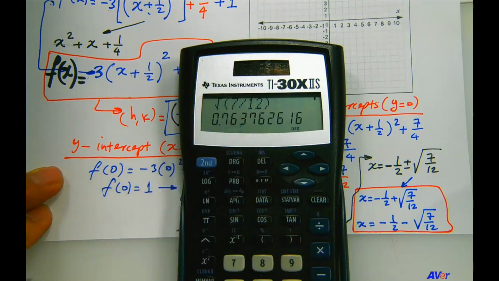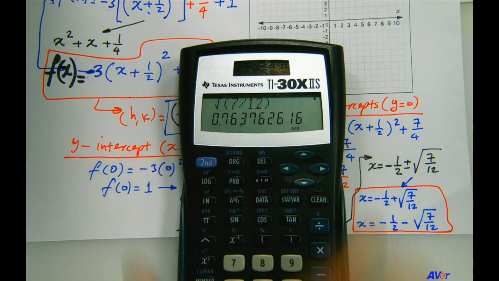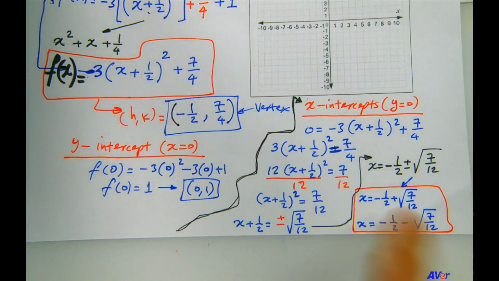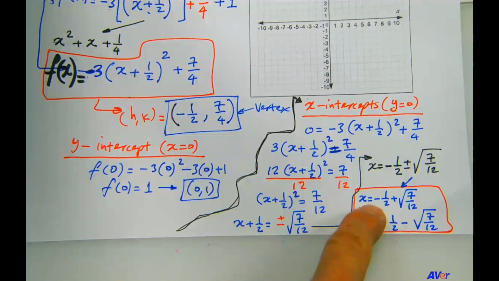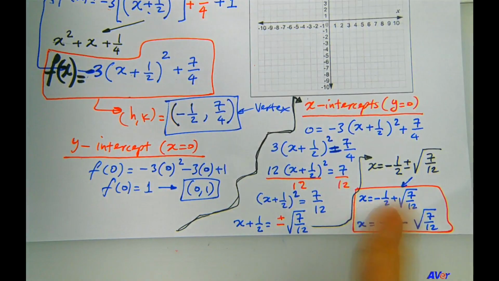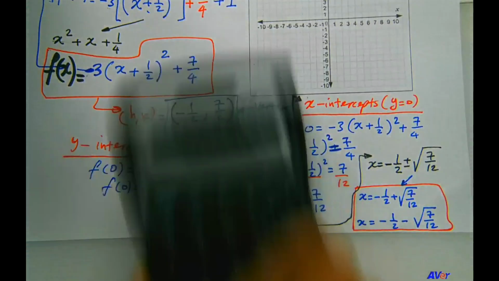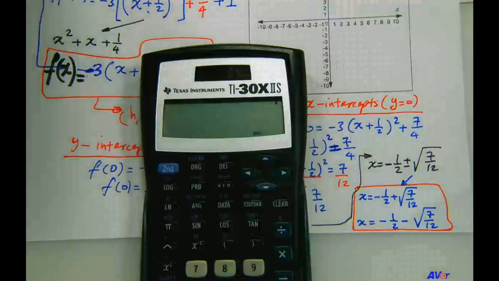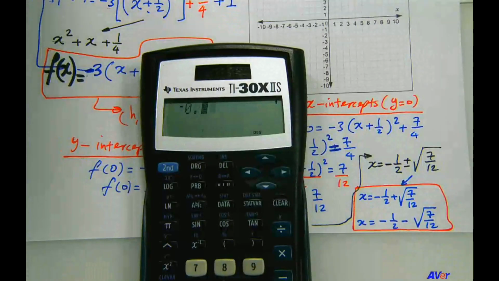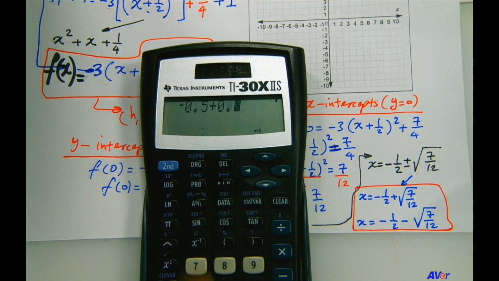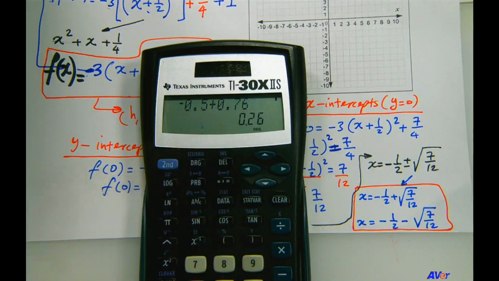So 0.76. Let's round it to 0.76. So what we're doing here, we're saying minus 0.5 plus 0.76. So minus 0.5, which is the minus 1/2, plus 0.76. That's one of the x-intercepts, right?